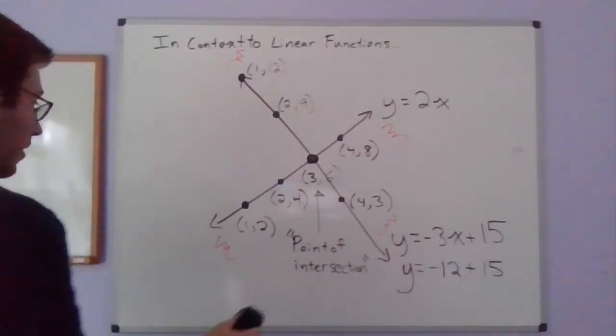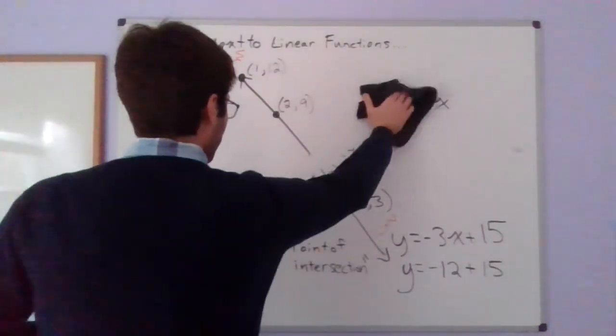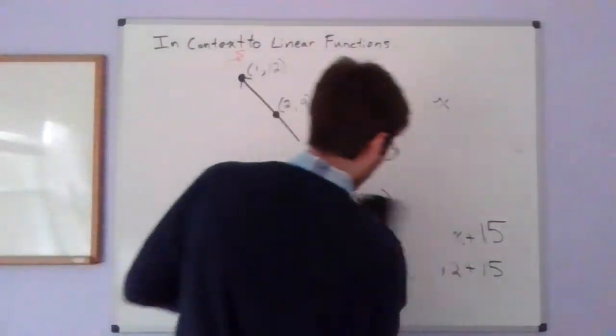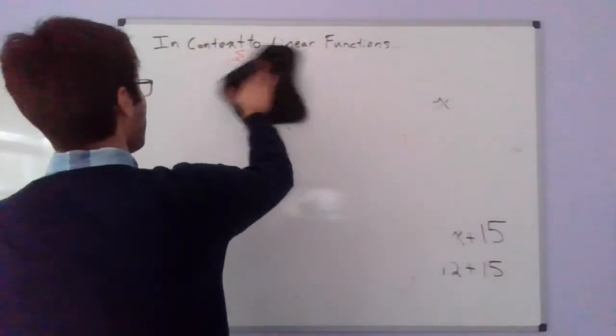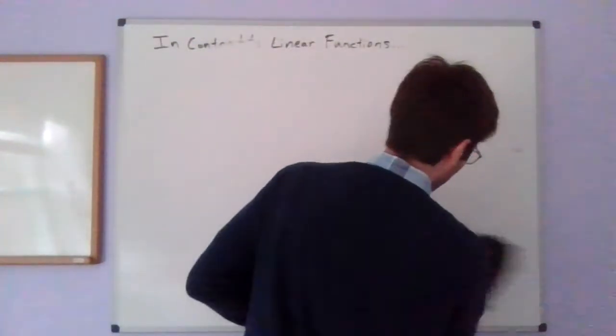All right, so I'm going to go into functions here. Now, it's nice that in this example we could graph them out easily and figure out the point of intersection, but it's not always that nice.